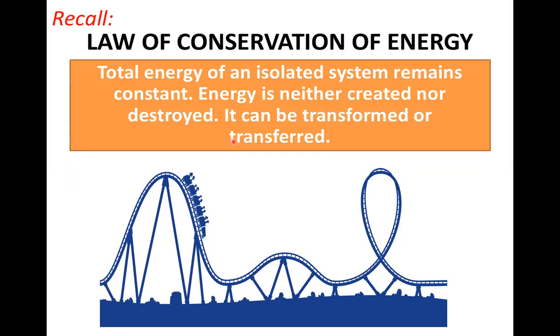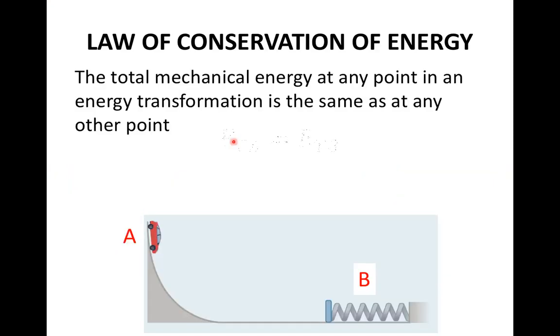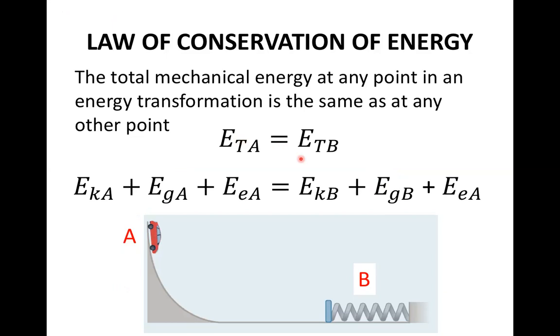So total energy at one point equals total energy at another. And now we can expand the definition of total mechanical energy, because we have another form of potential. So we've got potential from height, and we've got potential from the stored energy, like in the spring or the rubber band. So EK plus EG plus EE is equal to ET.